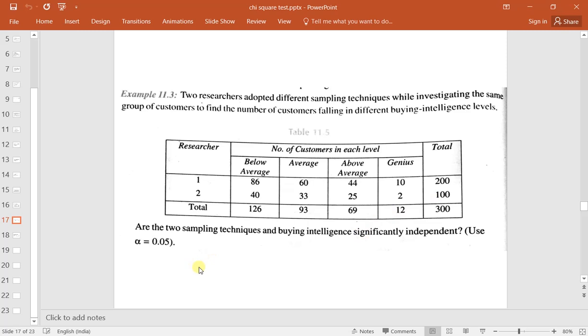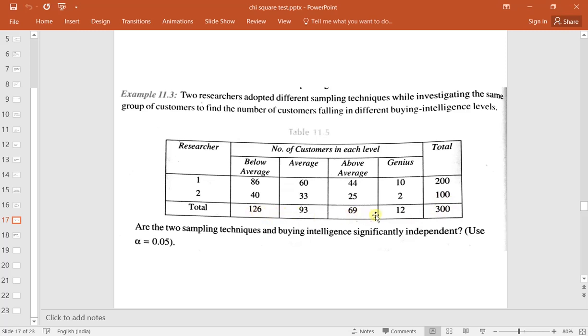So here, total below average 126, total average 93, total above average 69, there are only 12 total genius in terms of buying intelligence. So total how many respondents were targeted? 300.